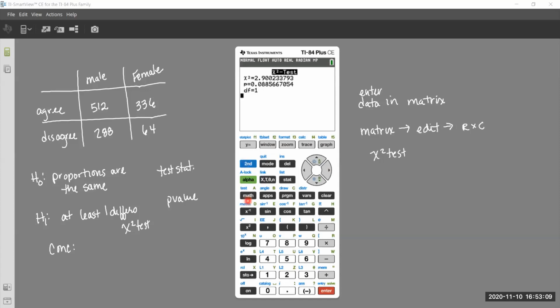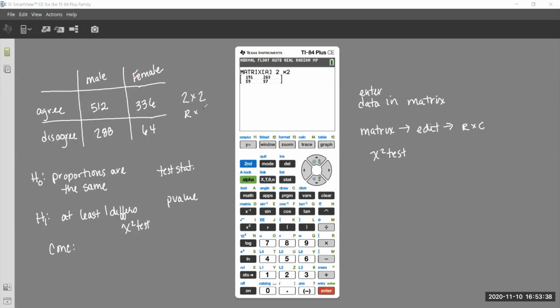Okay, so we're going to go to matrix, so second matrix. You can see that the matrix I entered in the last one is still here, and then the expected matrix that the calculator made up is there as well. I'm just going to write over it. We still have 2 rows and 2 columns, so this is a 2 by 2 matrix.